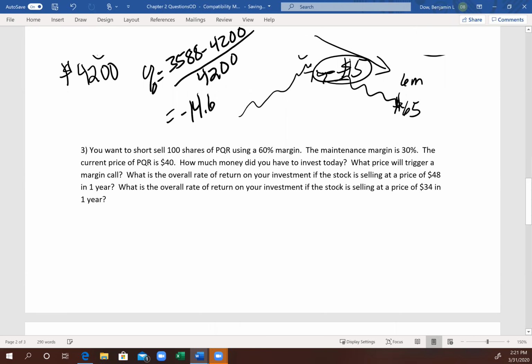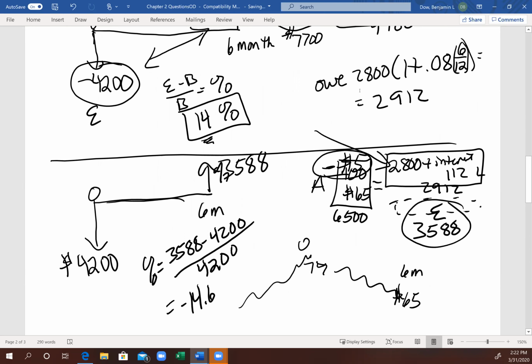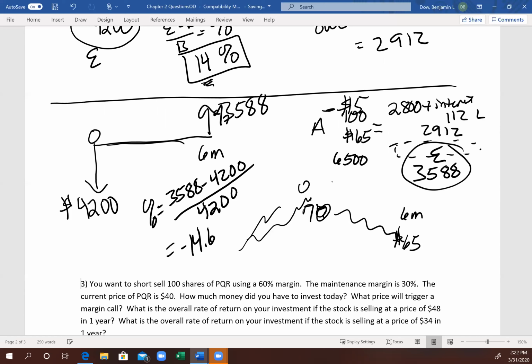Whoops, that looks weird. I don't know what happened there. Weird thing on the screen. Let's see if I can erase that. There we go. All right. So here we were at 70. If it drops down to 65, we lose 14.6%.